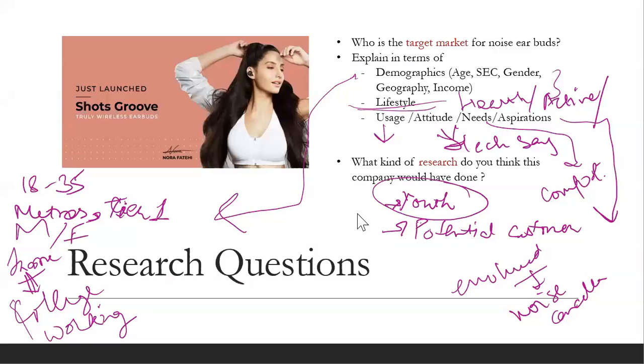So what kind of research do you think a company will go for if they are launching this product? There are so many things that go in. Okay, what research can a company do when they are thinking of launching earbuds? Ma'am, the company will first understand the basic need of a customer.